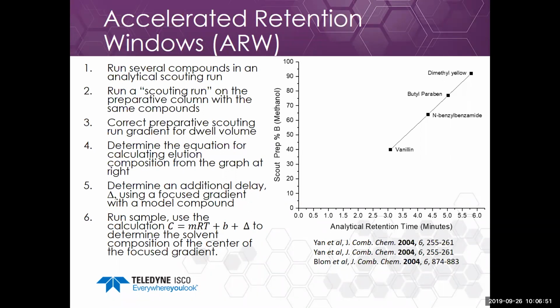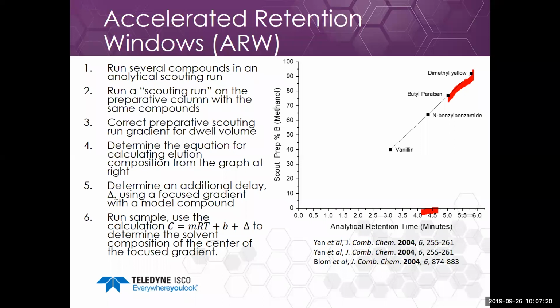And then you have to determine the elution for calculating the percent B or solvent from the graph over here. And what you see is that it comes out as a straight line. And so you can correlate very quickly the solvent composition required to elute the compound to the retention time that you see on your analytical column down here.